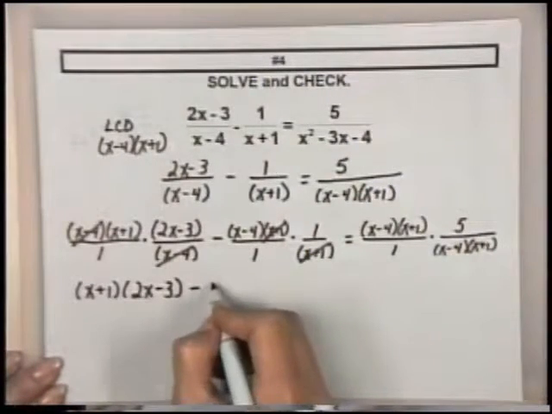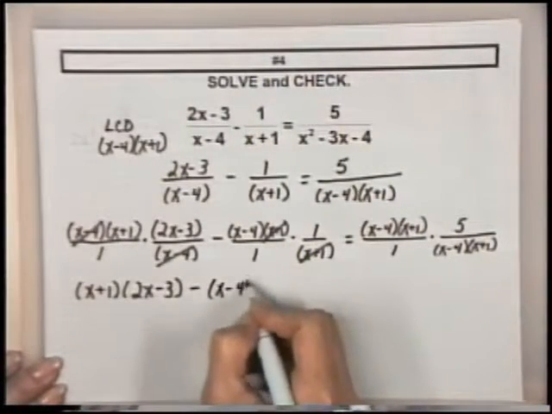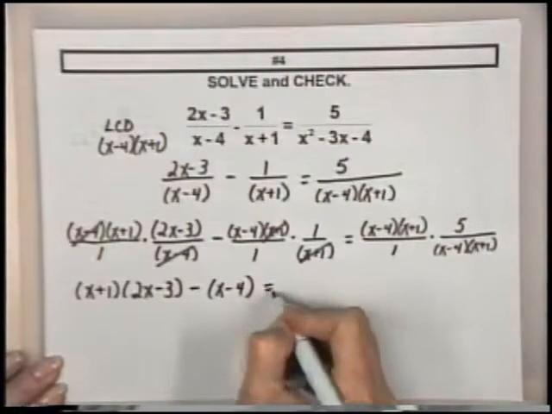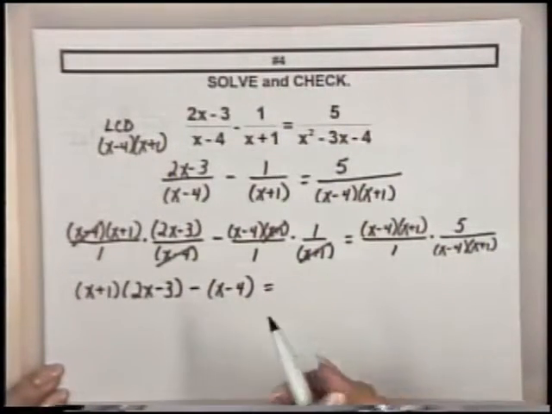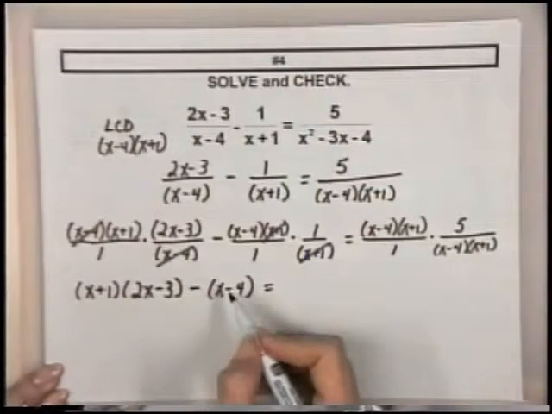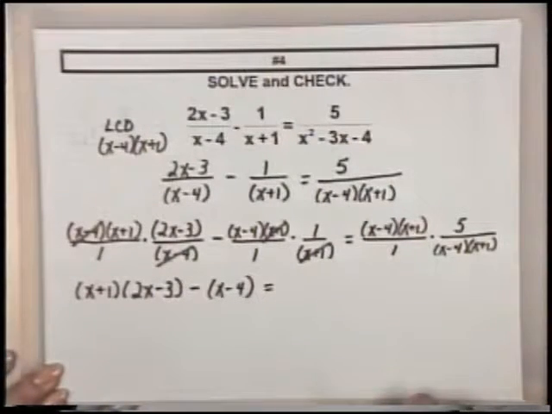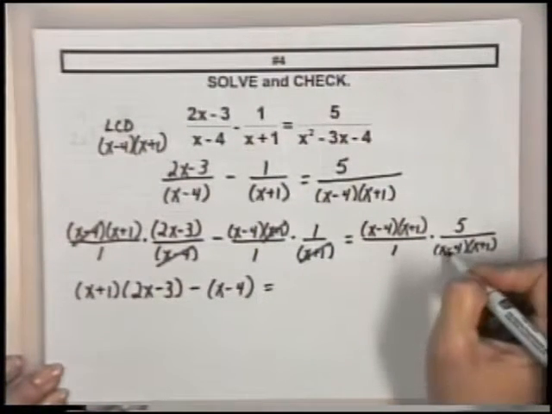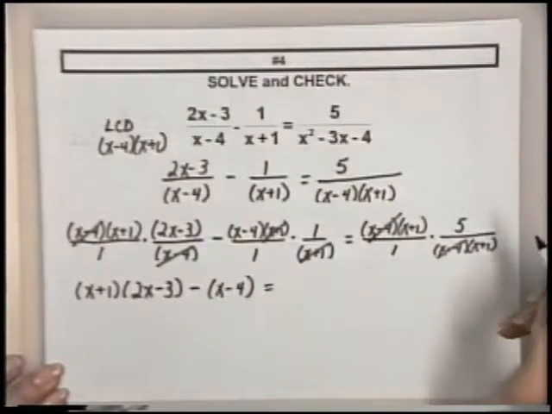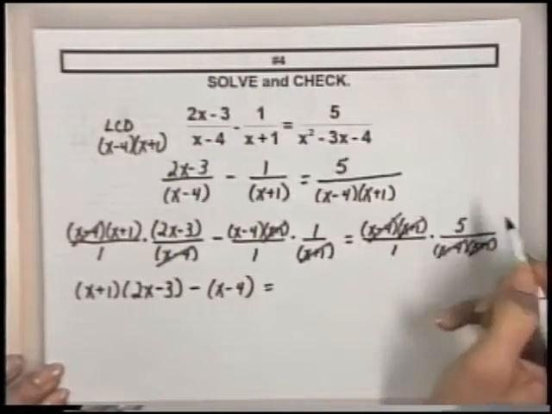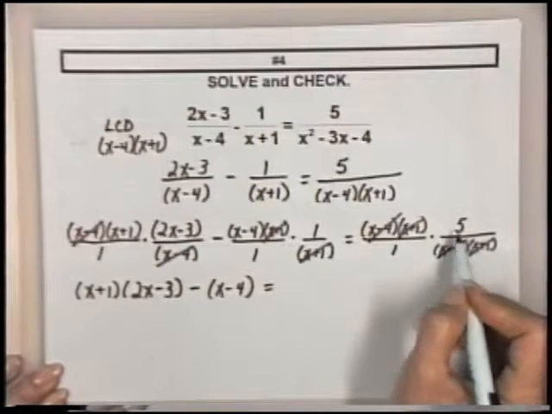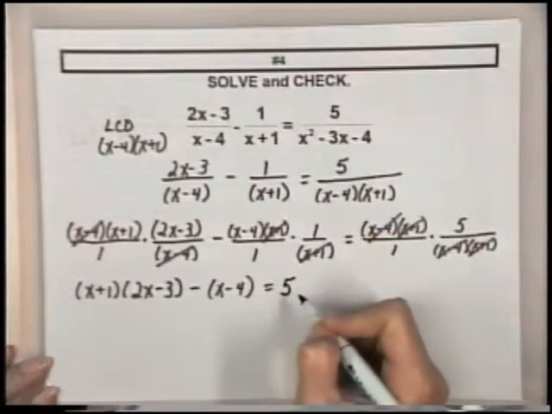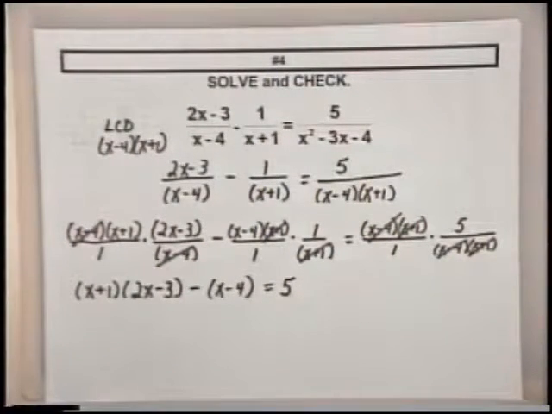Since the subtraction sign applies to both those terms, I will leave them in parentheses to emphasize that I do have to apply the subtraction to both the x and the minus 4. On the other side of the equation, the x minus 4's will cancel, the x plus 1's will cancel. I am left with 5 over 1, which is 5.